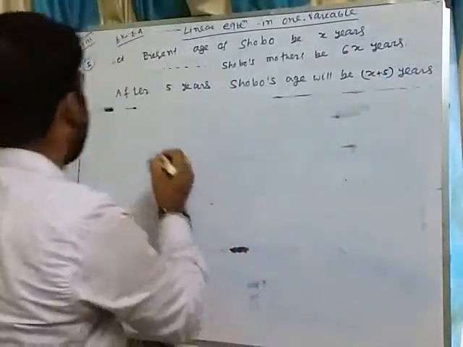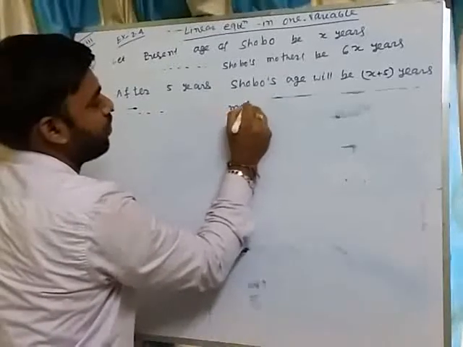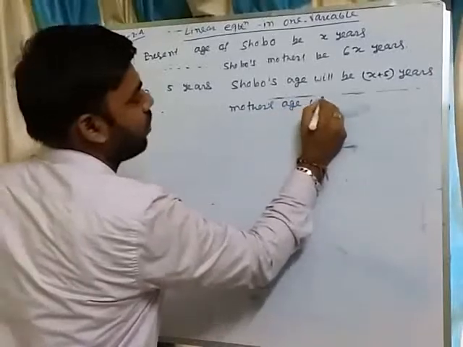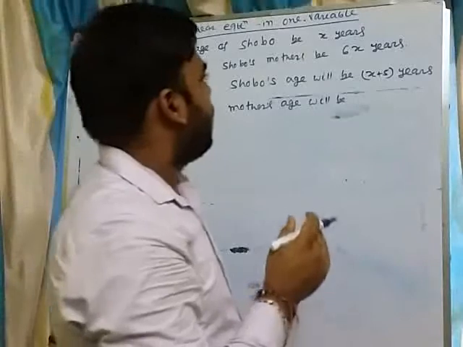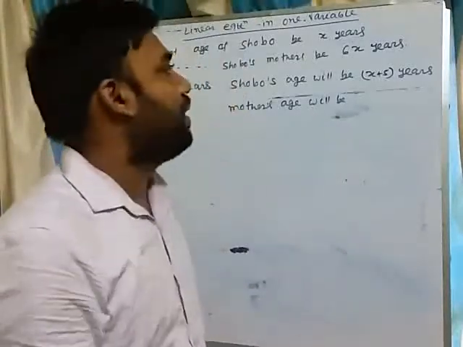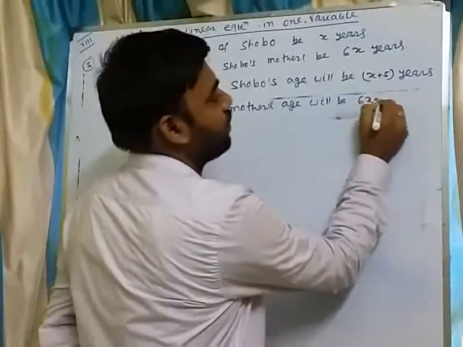And after 5 years, Sobo's mother's age will be: her present age is 6x years, and after 5 years 5 will be added to the present age, that is 6x plus 5 years.